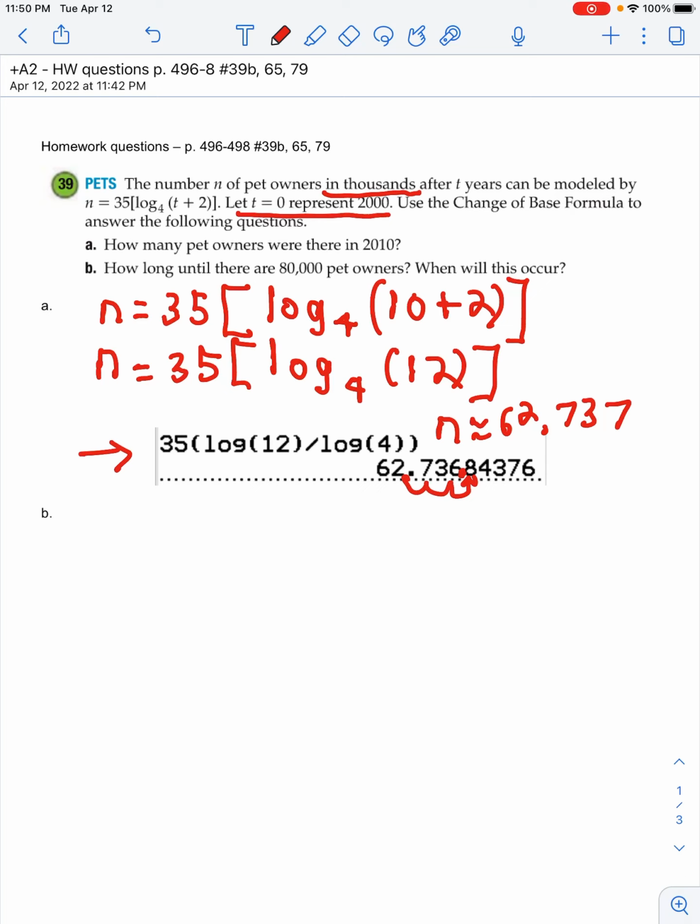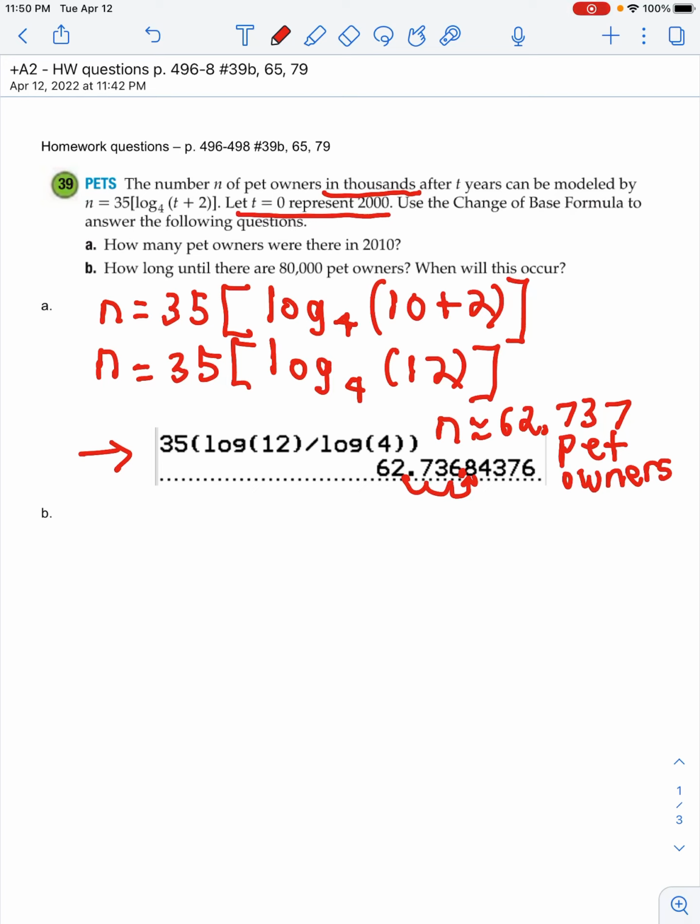So how many were there? There were about 62,000, not 72, I think I said, 62,737 pet owners. All right. That's part A. I know that wasn't the question, but that was just simply plugging in.